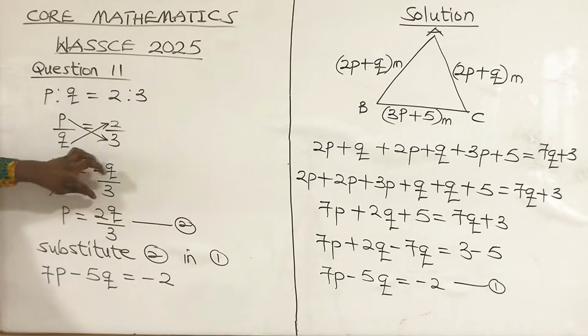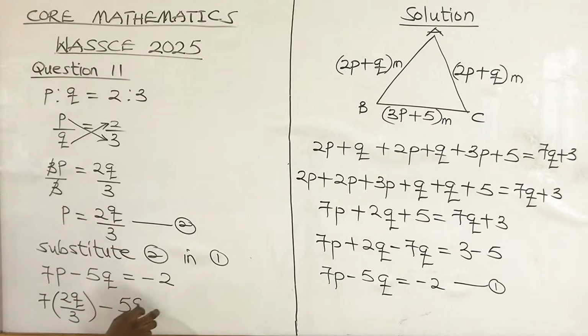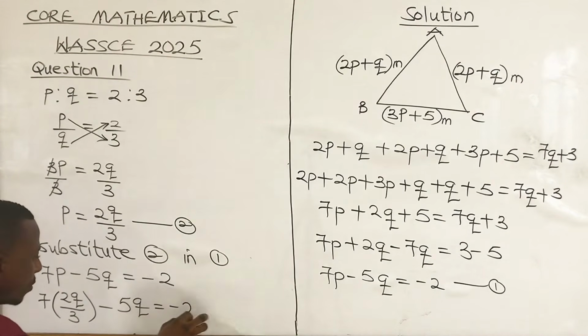So I'll substitute 2q over 3 where I have p in equation 1. So I have 7 multiplying 2q over 3, minus 5q, is equal to negative 2.